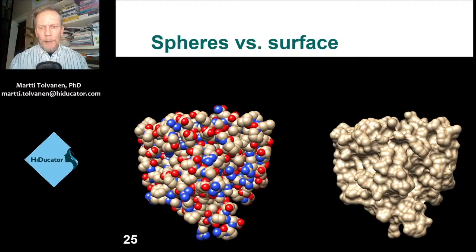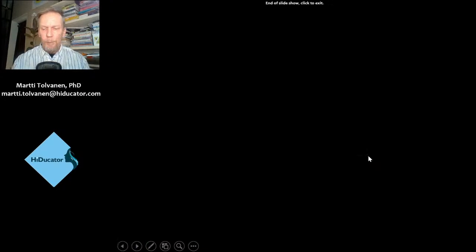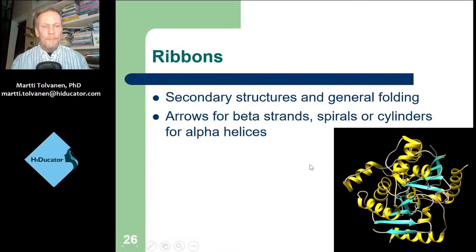In addition to bringing a more realistic shape, the 3-dimensional perception is better, so we can see more clearly where we have cavities in the model, which is not as clear in the sphere diagram. But what we miss is that we don't see the oxygens and nitrogens in the surface.